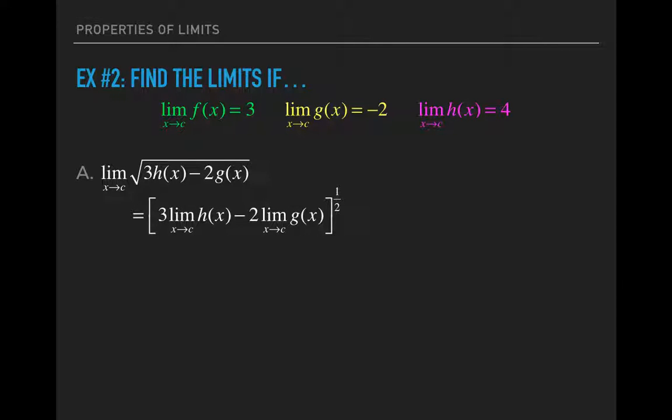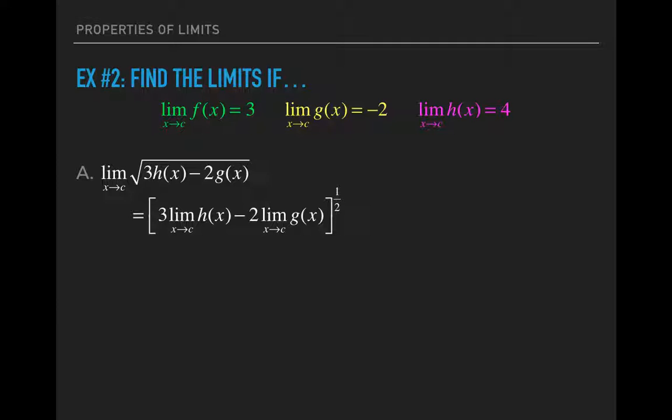So it would be the power rule and the coefficient rule and the difference rule, all 3 rules in one problem. 3 times the limit of h minus 2 times the limit of g, and then we'll take the root of that, the square root.